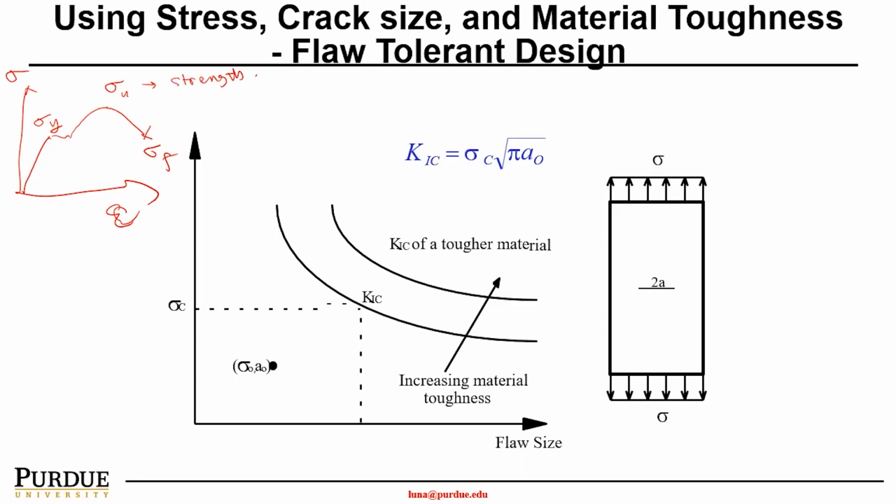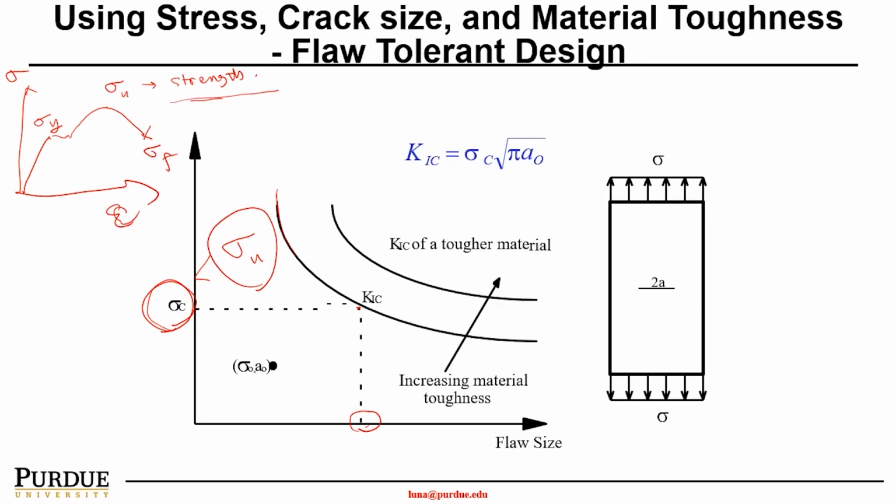Typically sigma C is way smaller than sigma ultimate, because here we consider a continuous material with no discontinuity or defects. However, if I have a defect, as the flaw size gets bigger, you have the fracture toughness curve, and your Kc, the critical stress, is way smaller than the ultimate strength of the material.